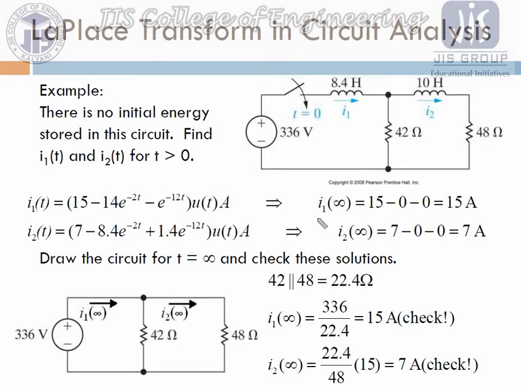We derived that I1 at infinite condition is 15 ampere, I2 at infinite condition is 7 ampere, and at 0 the values of I1 and I2 are 0. So by using the initial value and final value theorems, we can easily find the value of the current, or the values of the voltage at the initial condition or at the infinite condition.